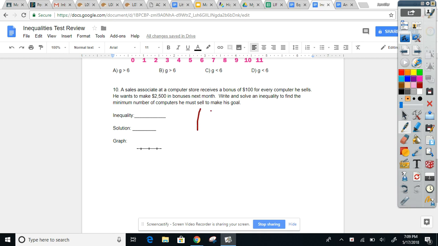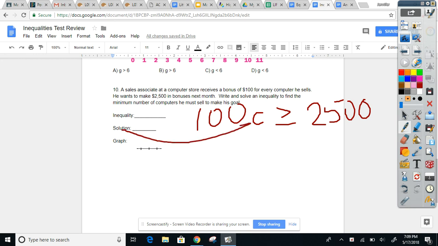So my goal is to write an inequality. My inequality would be 100C is greater than or equal to 2,500. The solution is what I'm going to get for C. Okay, to get this answer, I'm going to have to solve for C. To solve, remember, I need to do the inverse operation. A number beside a variable means to multiply, so the inverse is division.